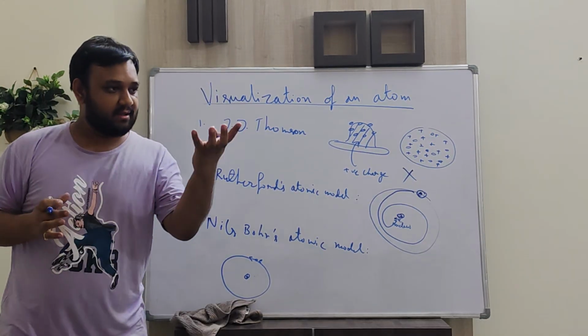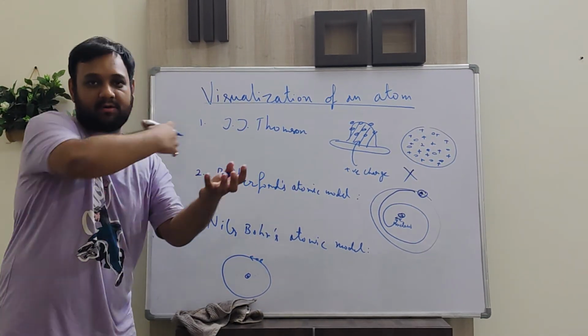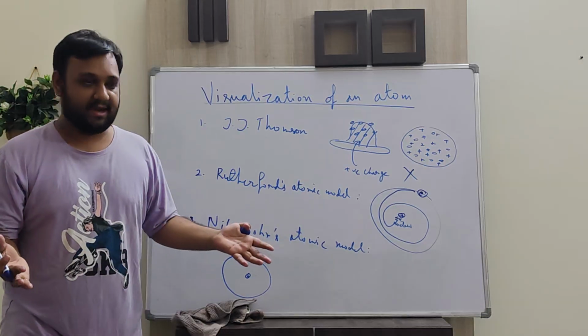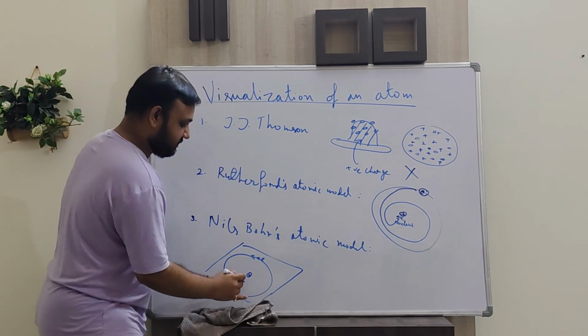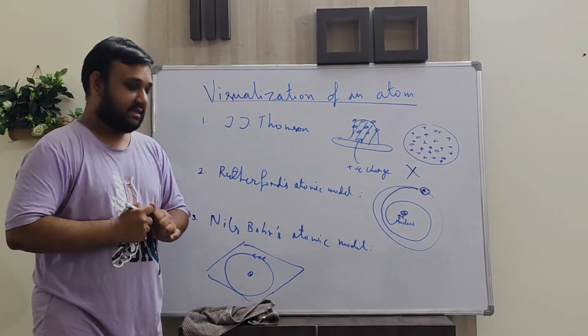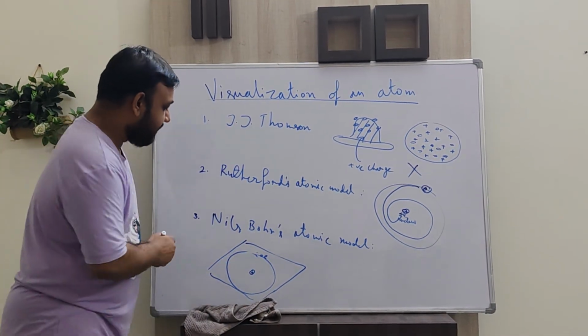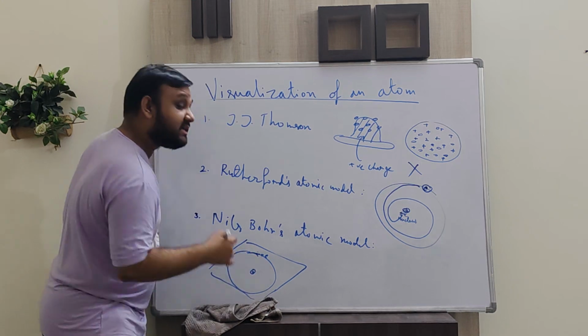The nucleus is like a sun, and the earth is revolving around the sun. That is a two-dimensional situation, right? In this two-dimensional situation, Niels Bohr corrected that these revolving paths have fixed energy.